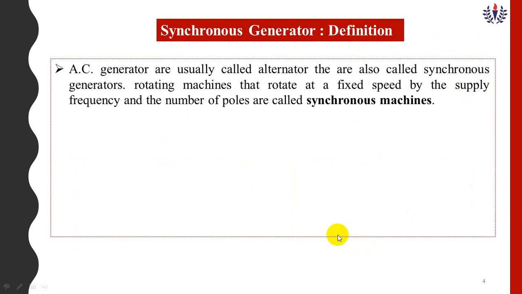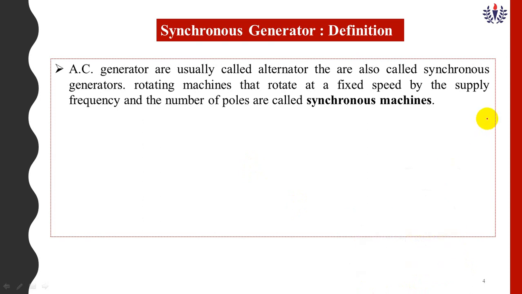What is meant by a synchronous generator? It is an AC generator, usually called an alternator. It is a rotating machine that rotates at fixed speed by supply frequency and number of poles.